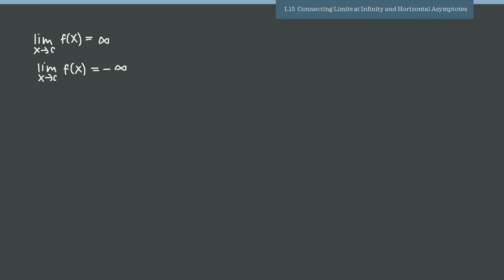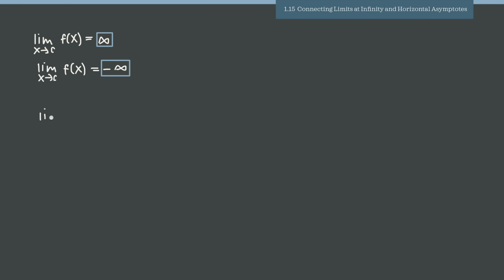But the point here is that those infinite values, the infinity or the negative infinity that you see, are over here on this side of the limit equation. So the limit is equal to some infinite value. In this case, when we have horizontal asymptotes, you see those infinite values show up in the value that x approaches. So we're talking about the end behavior of a function.